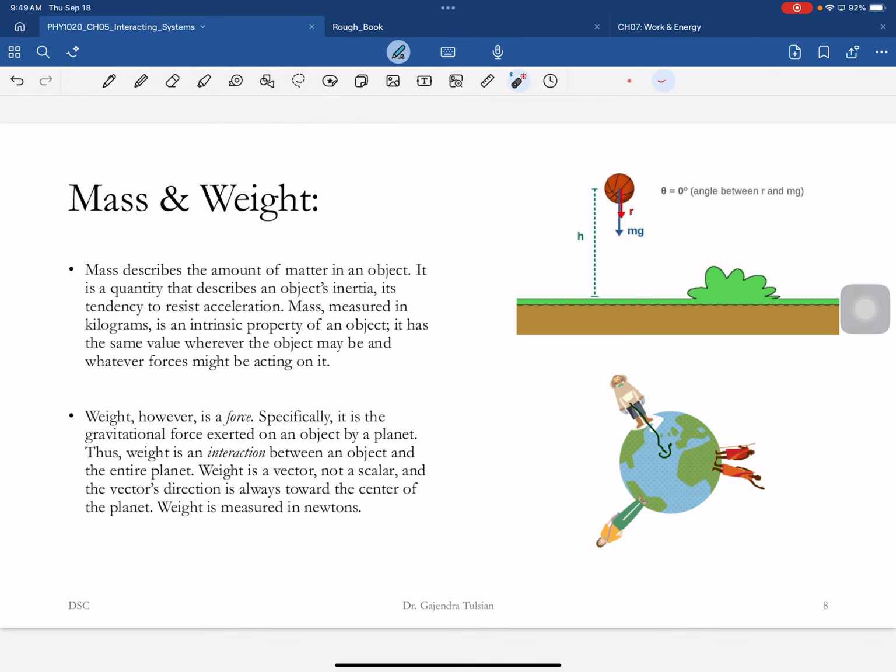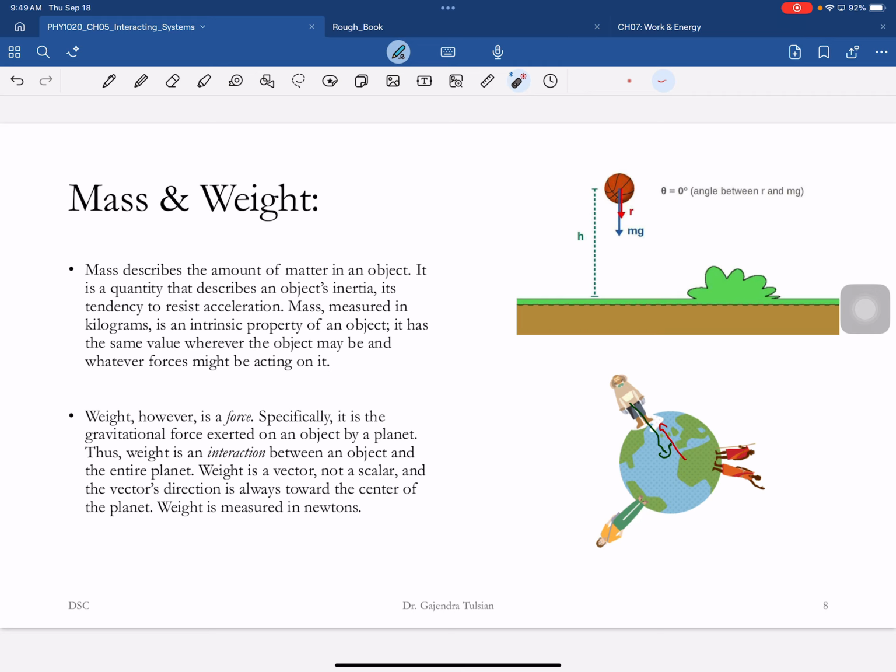When I say my weight is 165 pounds, that's the force with which Earth is pulling me down. No matter where I am, that's the force with which Earth will pull me down. From Newton's third law, you also learned that I'm pulling Earth with an equal and opposite force.